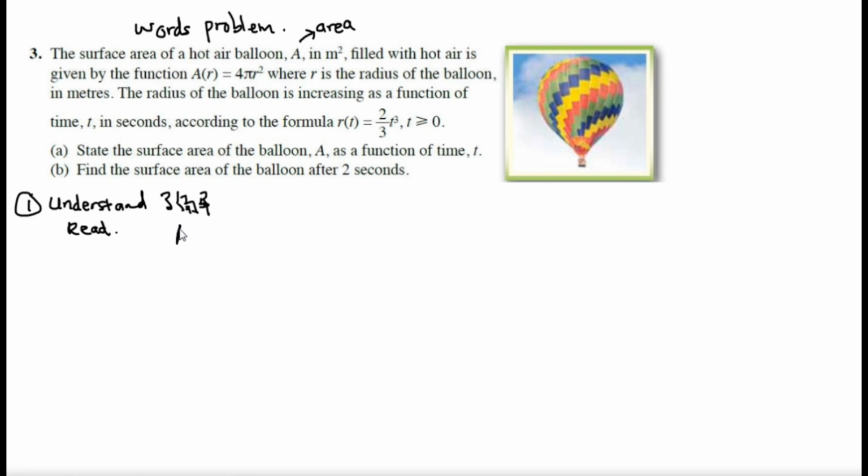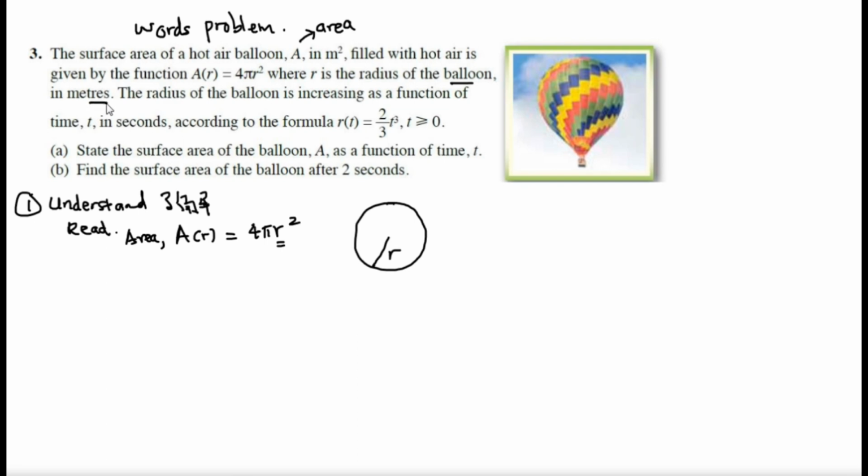So this is the function of area. So what is r? r is the radius of the balloon. Let's say this is the surface area of the balloon. This is r, the radius.